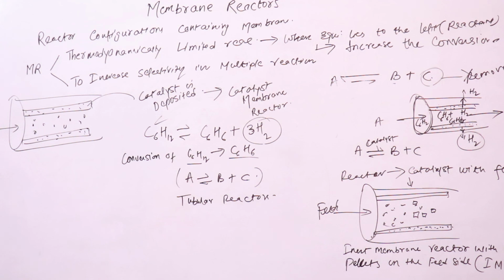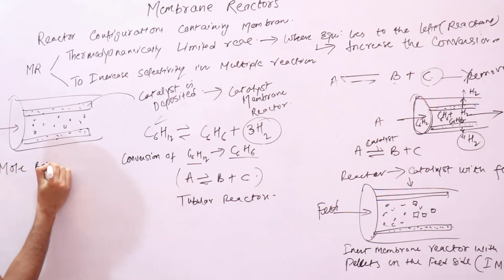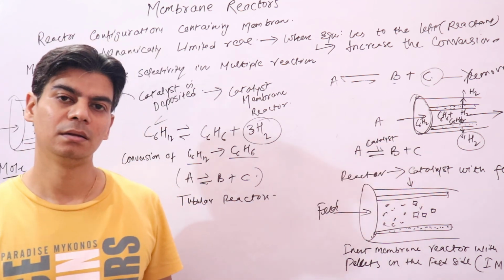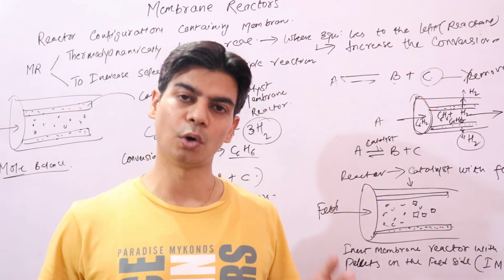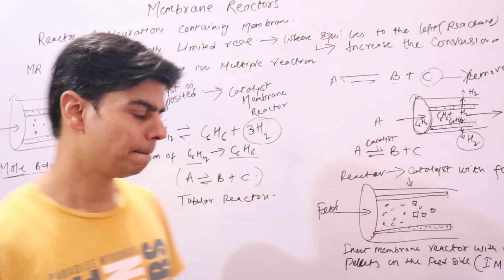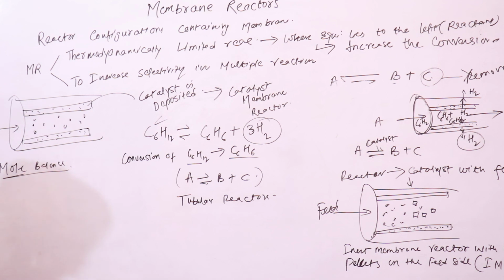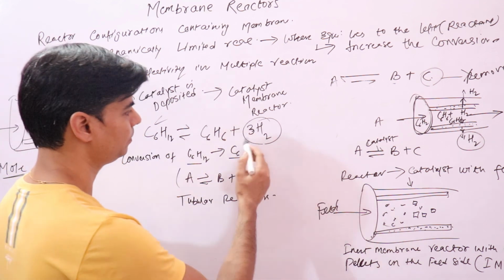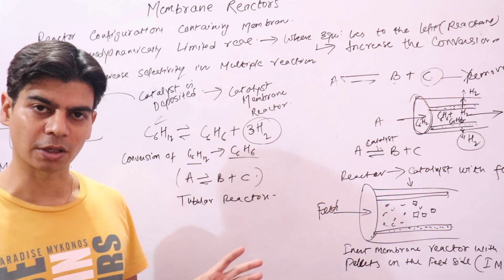So let's quickly do the mole balance. When we do the mole balance, we will not take the catalyst weight, we will take the reactor volume. In the mole balance we will use reactor volumes. So say you have in the reaction mixture reactants and products.